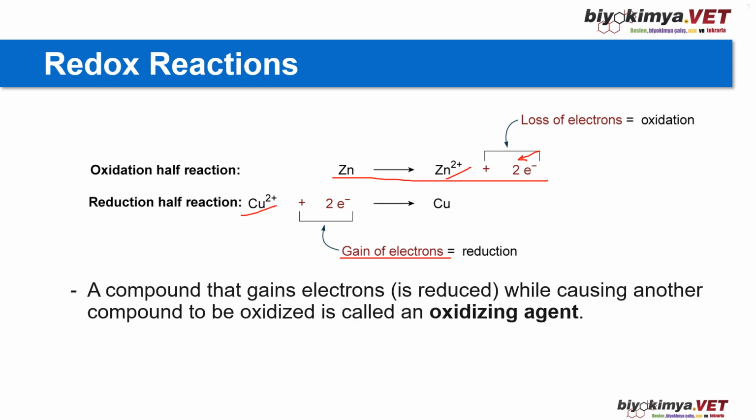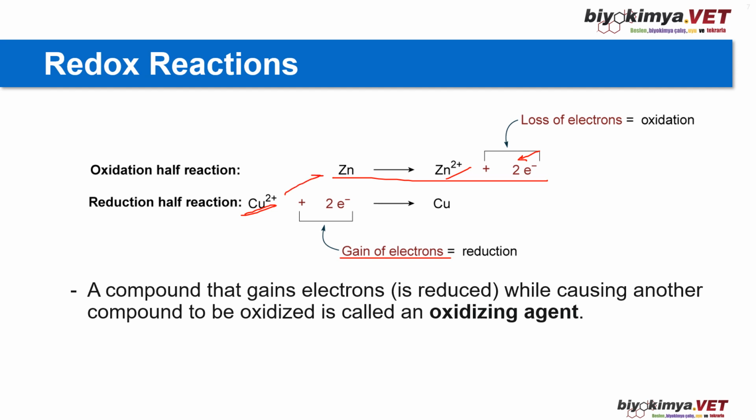A compound that gains electrons, which means it is reduced, while causing another compound to be oxidized, is called an oxidizing agent. So here the copper is reduced, and thus the copper is an oxidizing agent.